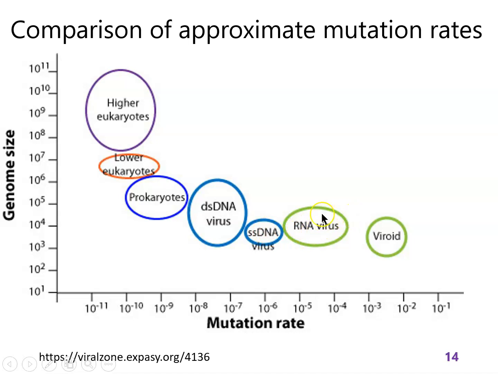And then RNA viruses would be HIV and influenza and SARS-CoV-2. These have RNA genomes. They have the highest mutation rate. That is, you might be able to find in influenza 1 error in every 10,000 bases. Whereas for human, you might have to look at 10 billion bases to find 1 error.